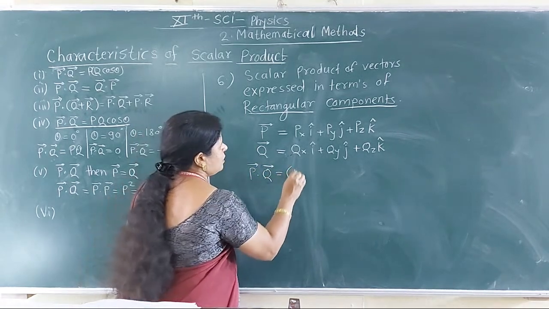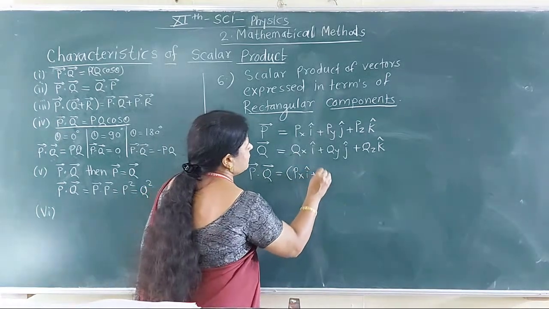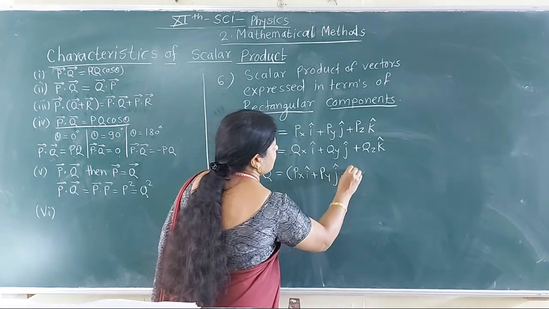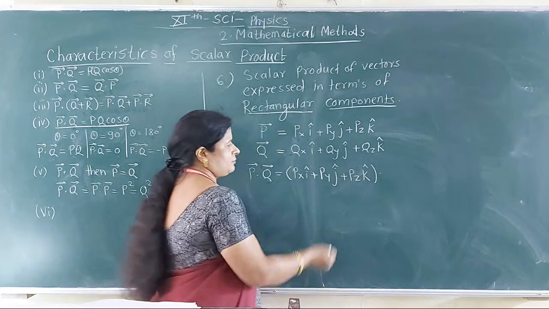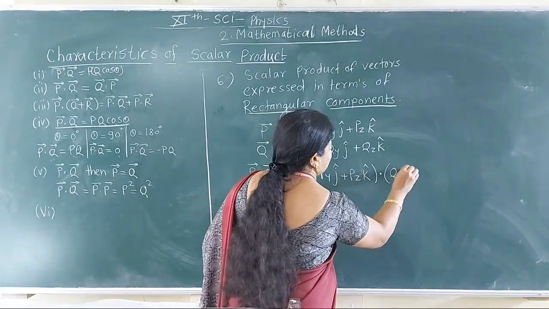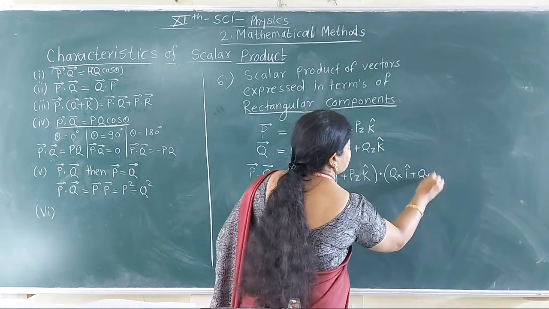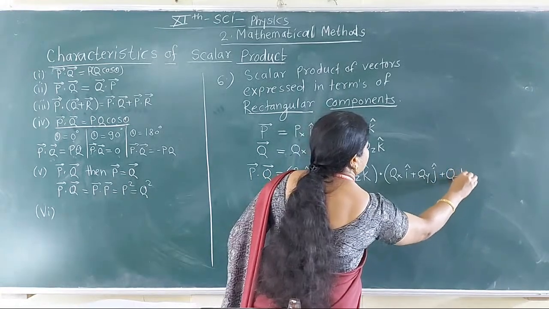So vector P dot vector Q is equal to Px i cap plus Py j cap plus Pz k cap, dot Qx i cap plus Qy j cap plus Qz k cap.